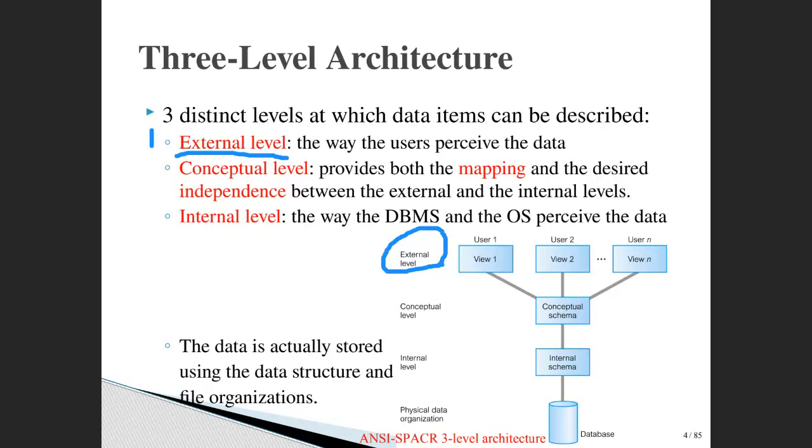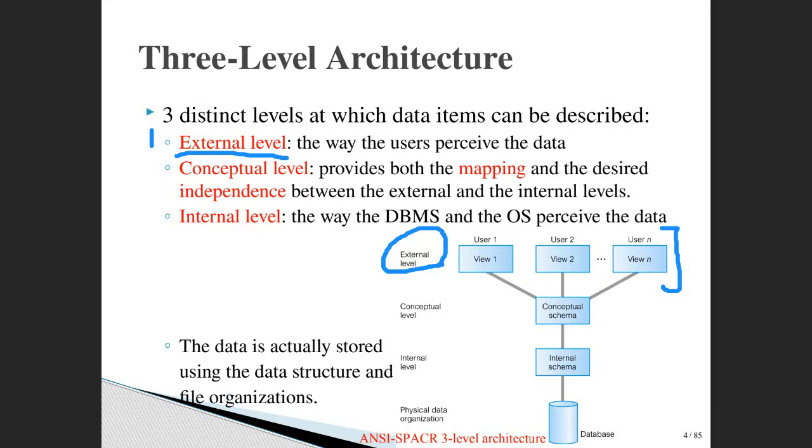So anything about the user in the real world, representing data about the user or requiring the interface, or let's say views of every user, will be called the external level. All right, so it's describing the way the users perceive the data.